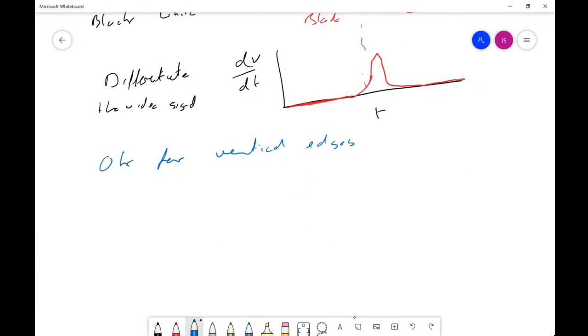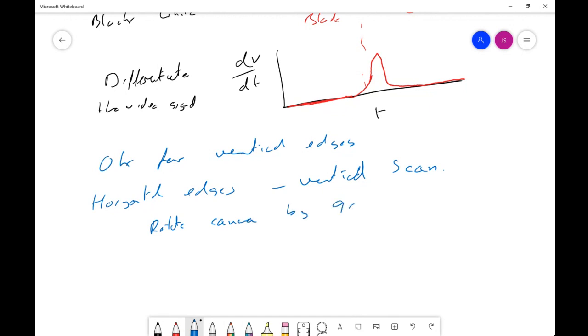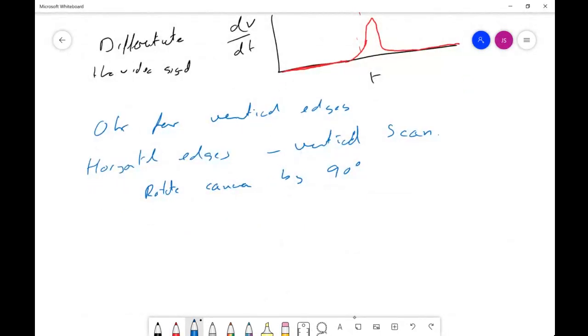To get the horizontal edges, we need a vertical scan. And this wasn't readily available. I suppose one choice was to rotate the camera by 90 degrees. But that gave rise to all sorts of alignment problems, and it was messy. Let's call it messy.